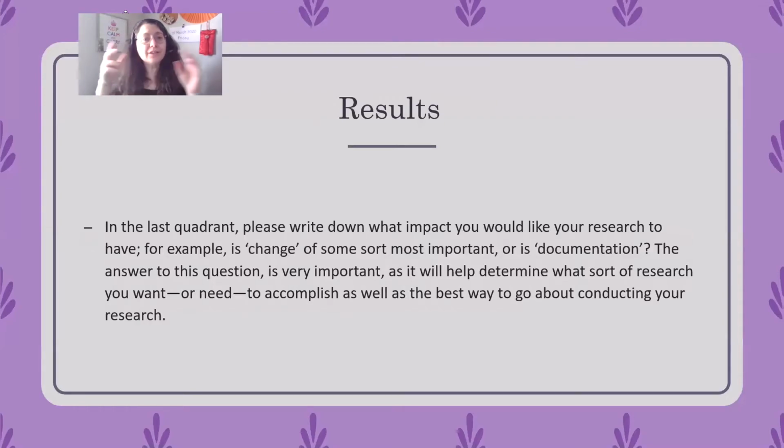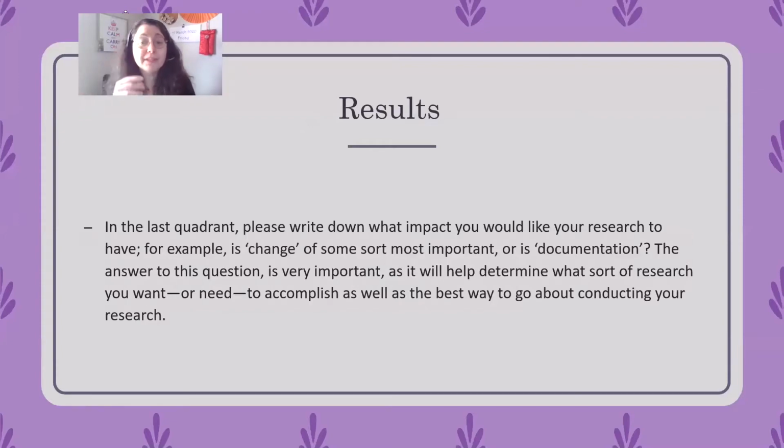Or is there a change that you wish to create? Do you want to raise awareness? What is your purpose of result? What result, impact do you want this paper to have? So if someone's going to read this paper, what do you want to have as an impact upon that audience, that person or persons reading the paper?